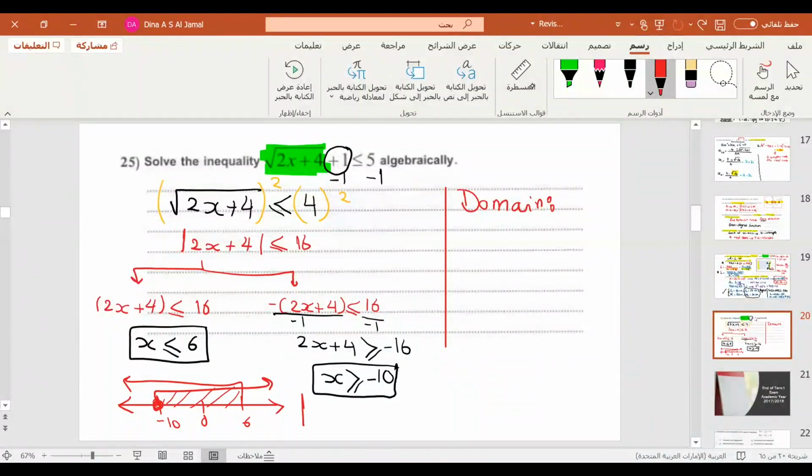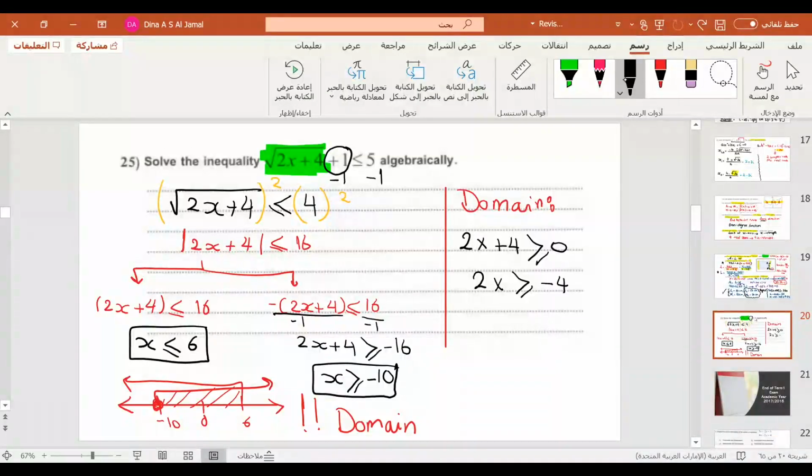But what about the domain? So let's check the domain first. The domain is that you should take whatever inside the square root bigger than or equal 0. So if you solve this, it will be having minus 4 minus 4. So 2x bigger than or equal minus 4.